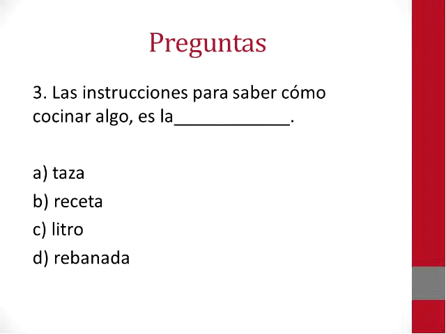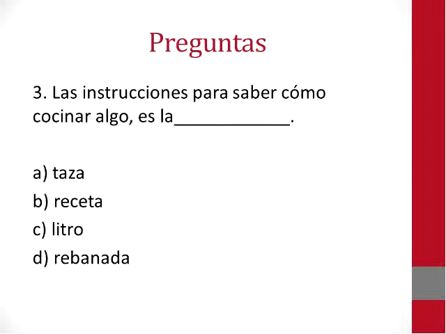Okay, las instrucciones. What does instrucciones look like? Instructions. Para saber cómo cocinar. Cocinar is part of your useful words. Cocinar is cook, to cook. So the instructions, saber, to know cómo cocinar. What are they called?